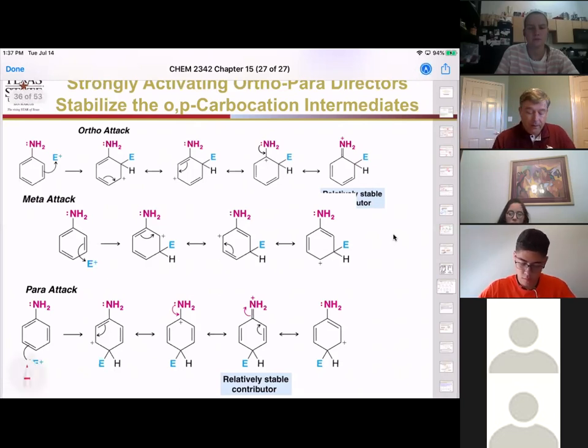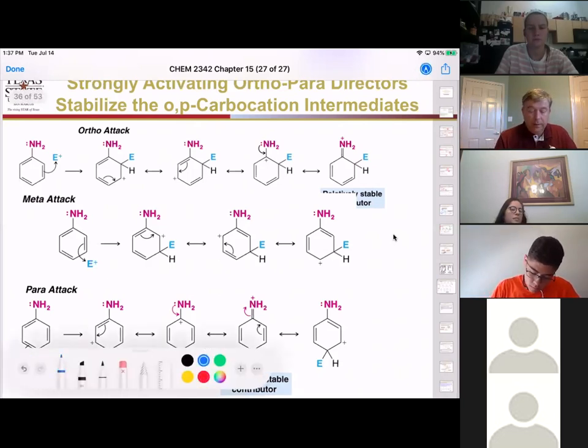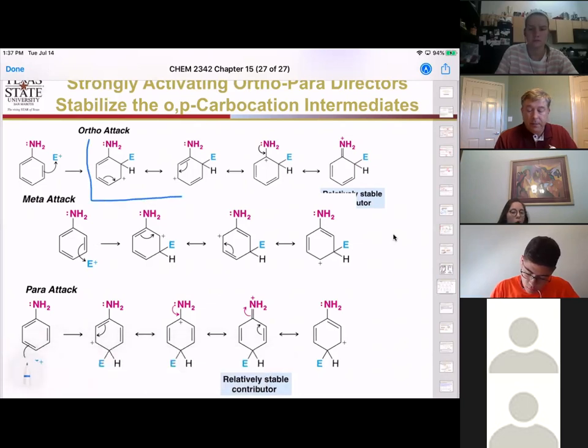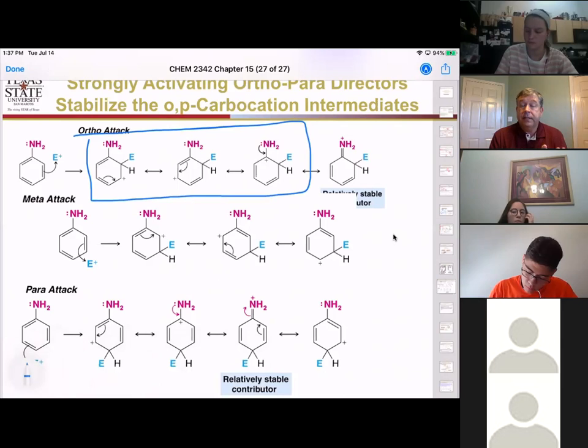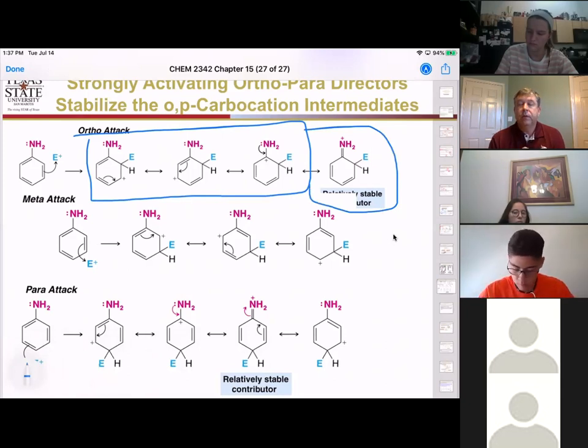In the case of ortho and para, again, we get those same resonance structures going around the ring, and that's just the inductive part right there. And then we get our fourth resonance contributor, giving us that charge off the ring, leading to the ortho attack being stabilized by that fourth resonance contributor.